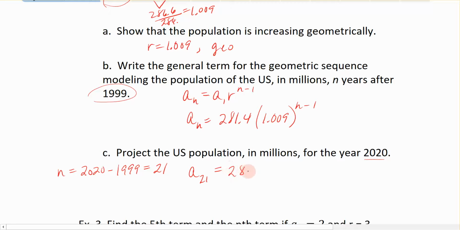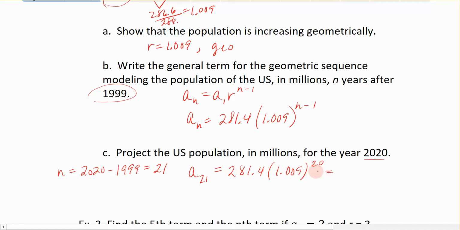I have a1, which is 281.4, times 1.009 raised to the 21 minus 1, which is 20. Whatever that number is from my calculator is going to be the 21st term in my sequence.